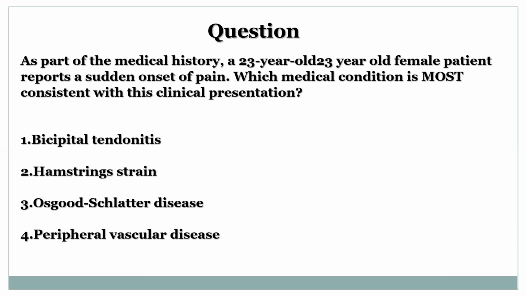Option 4, peripheral vascular disease. It is a condition where there is narrowing of the lumen of the blood vessels, caused by what? By a reduction in circulation or blood supply, usually secondary to atherosclerosis. The symptoms will differ depending on which blood vessel has been affected. During the early stages of peripheral vascular disease, there will be intermittent claudication, which could be the only manifestation the patient will complain about. What is intermittent claudication?